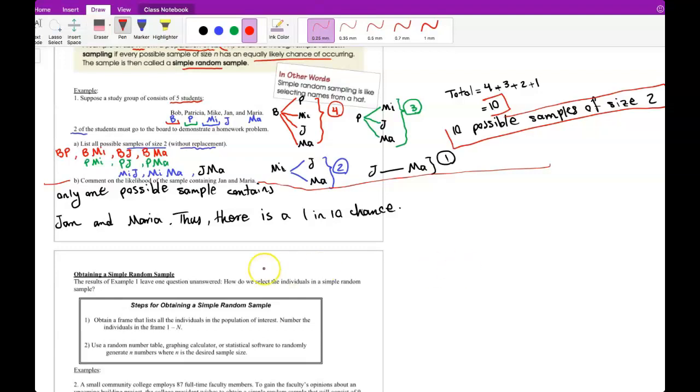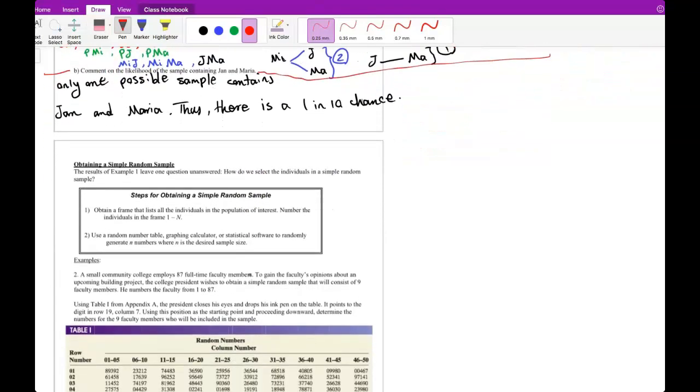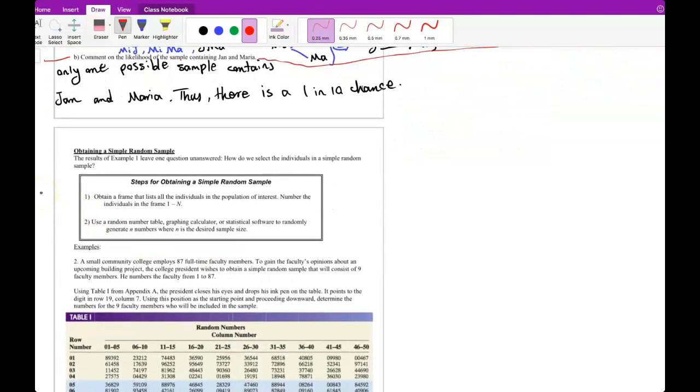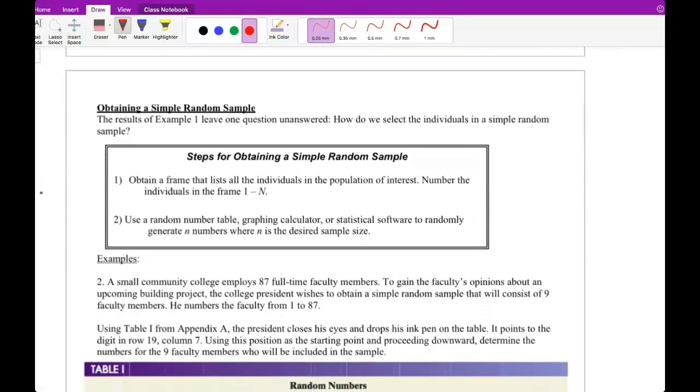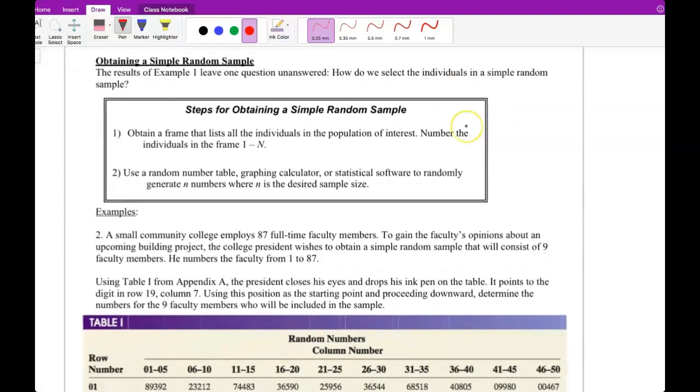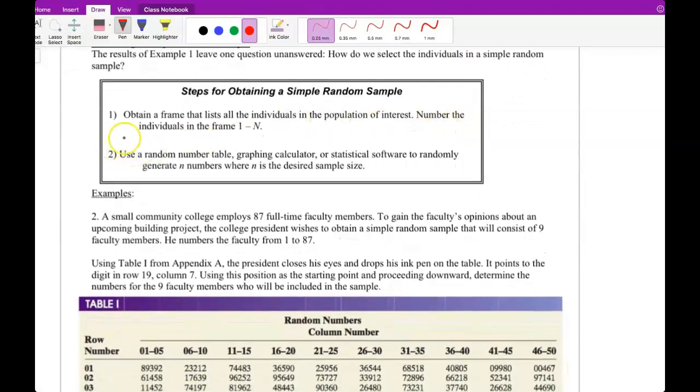Okay, next page. Obtaining a simple random sample. So the question is, how do we select the individuals in a simple random sample? Here are the steps.